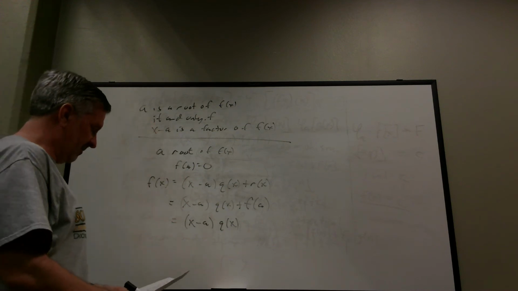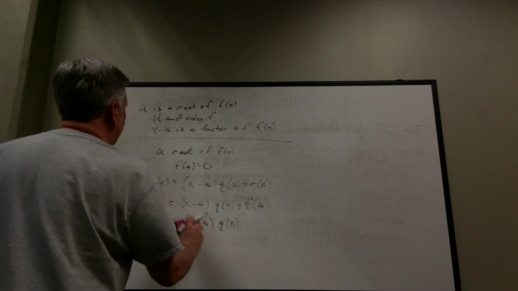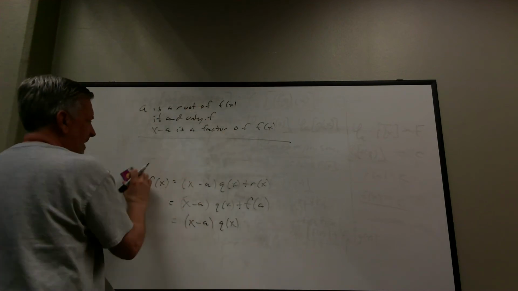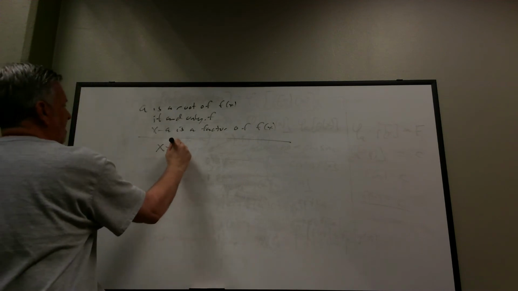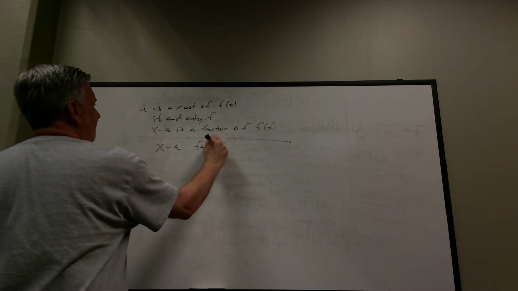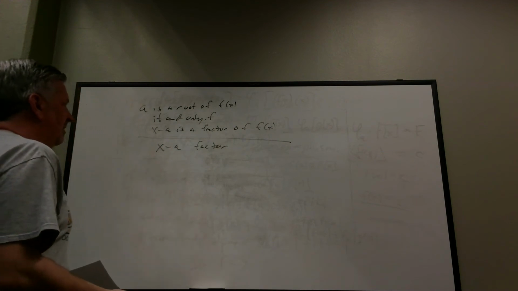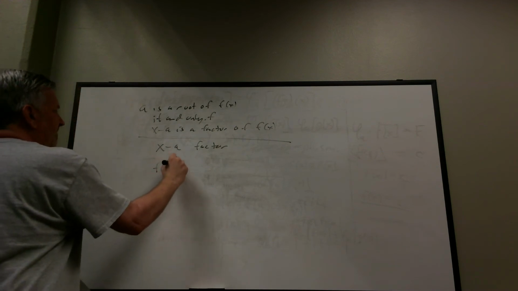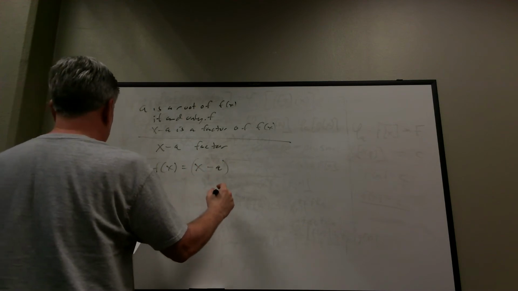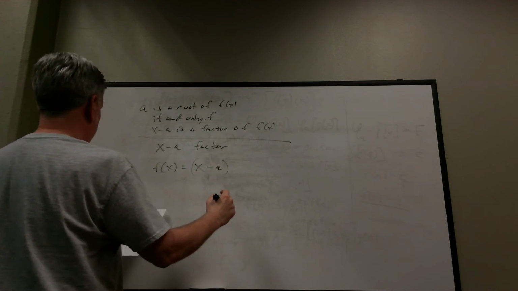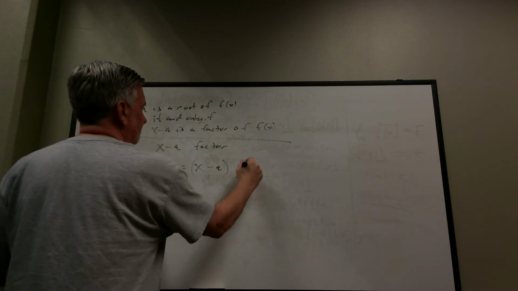So that's that direction. Now we want to go the other way around, the other direction. We want to do the converse. So now suppose x minus a is a factor of f of x. Well, what would that mean? That means f of x is x minus a times something else. Call it g.